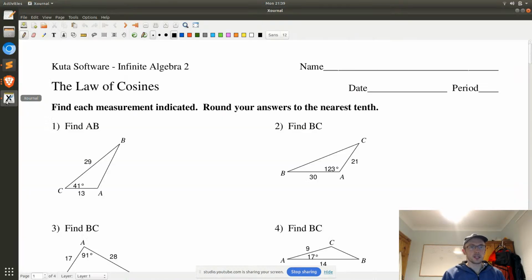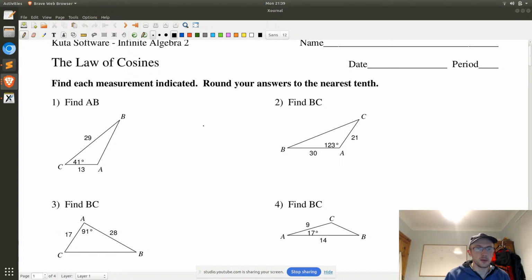And let's put it into action. Okay, so we have to do it to the nearest tenth. So we have to find AB. So that will be 29 squared plus 13 squared.